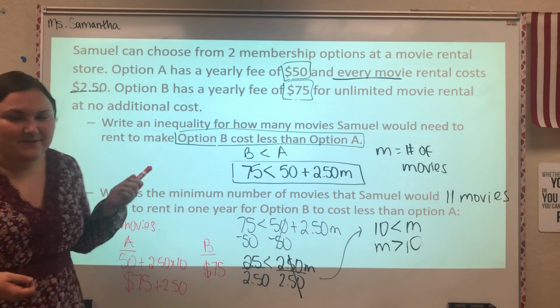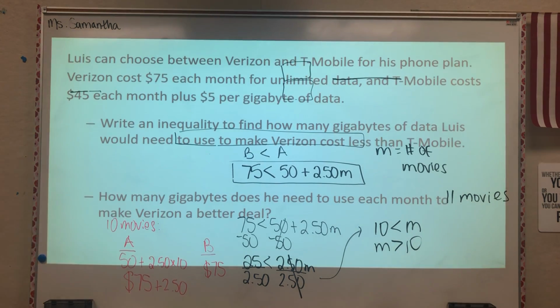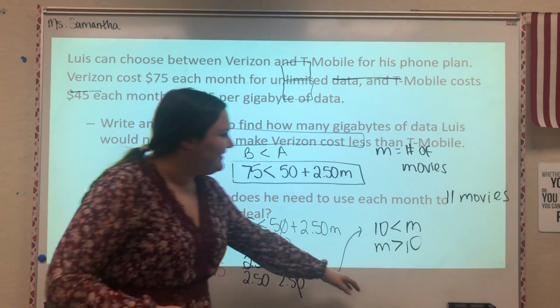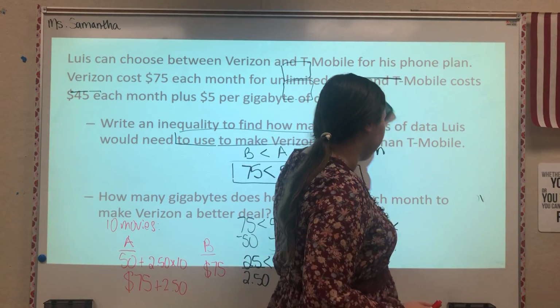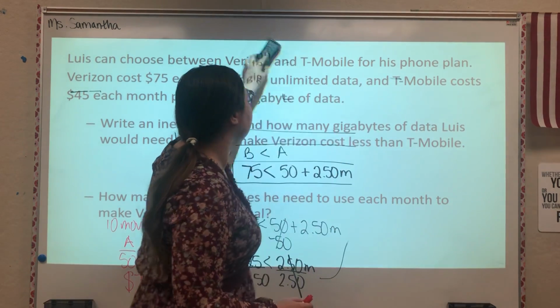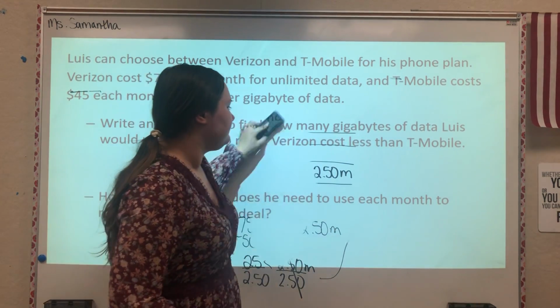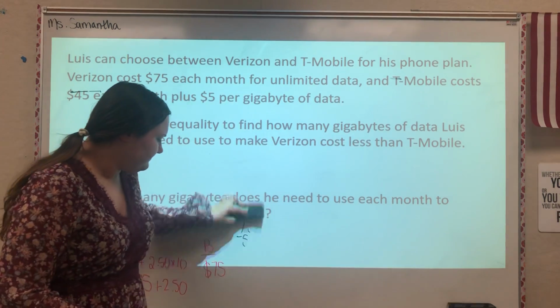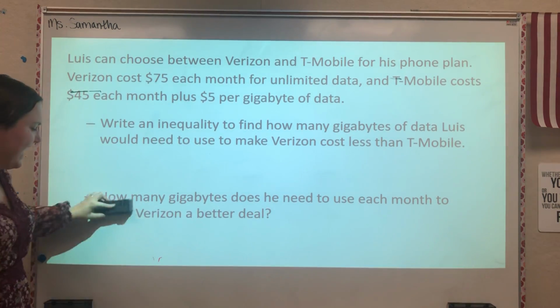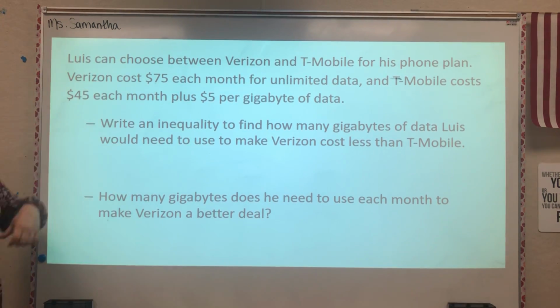This is my last example. I've got one last one for you to try. Let me erase all of this. The last one says Luis can choose between Verizon and T-Mobile for his phone plan.